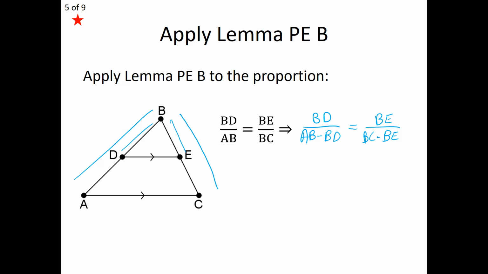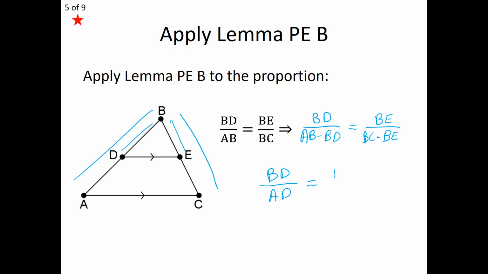What remains if I took the whole segment and removed its part? Well, what remains is the other part of our entire segment. So using whole minus part, I can conclude that AB minus BD simplifies to simply AD.